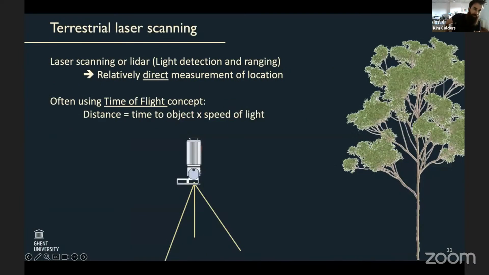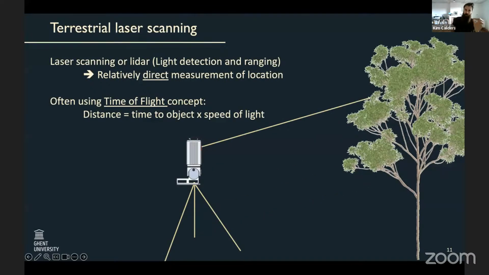So what we are using is laser scanning or LiDAR. LiDAR stands for light detection and ranging. And the nice thing about this is that it's actually a relatively direct measurement of location. So here you have this terrestrial LiDAR on a tripod, and you have the tree, and what it does, it fires out a photon.